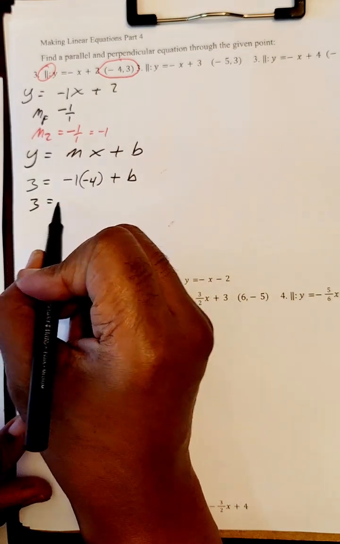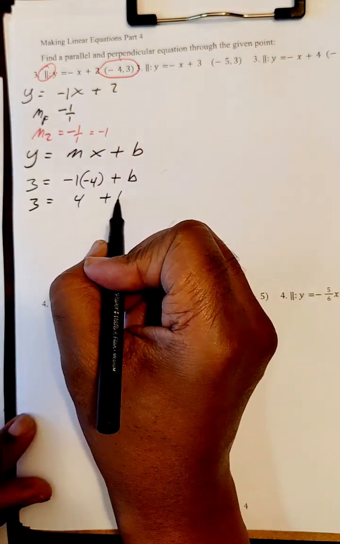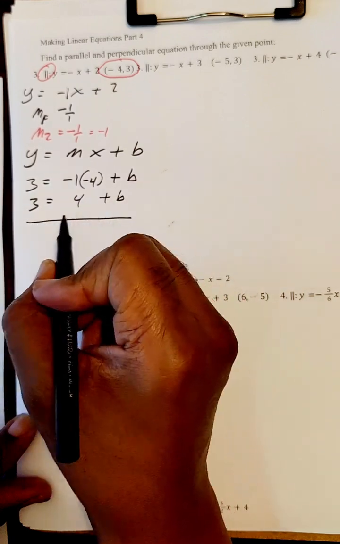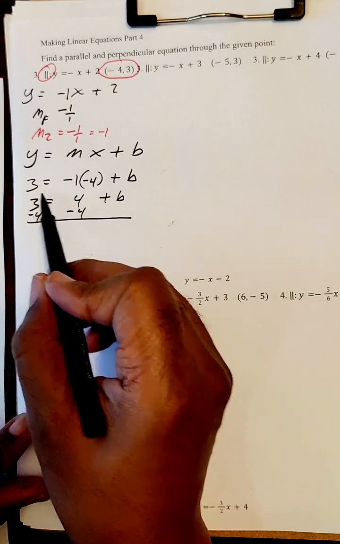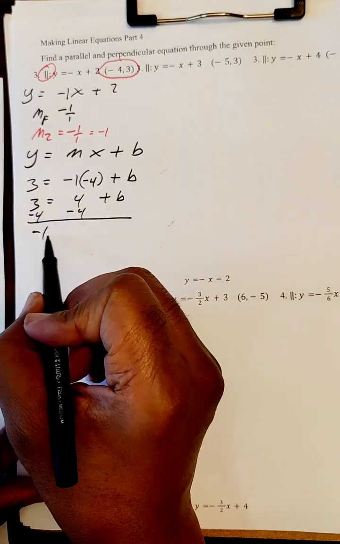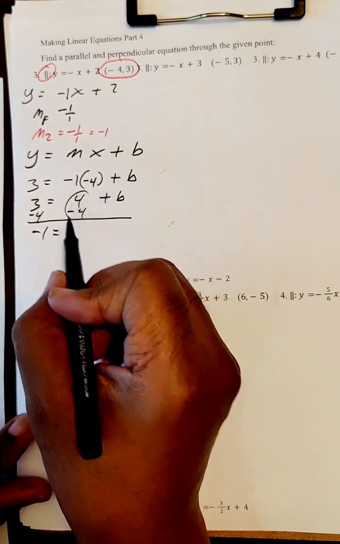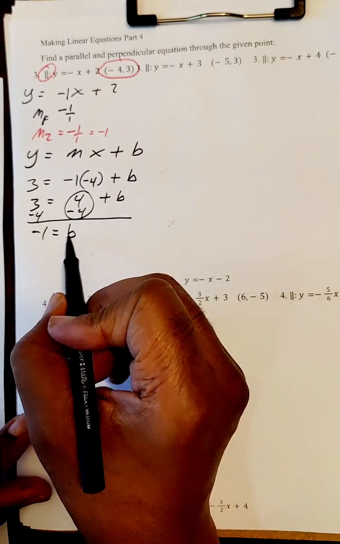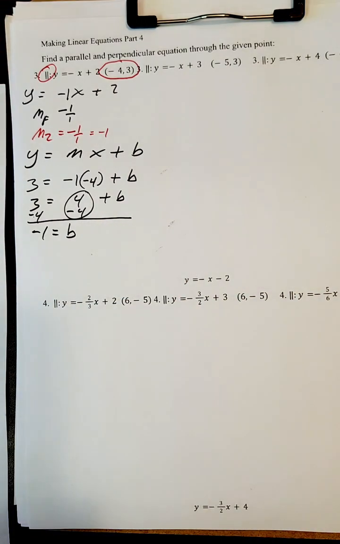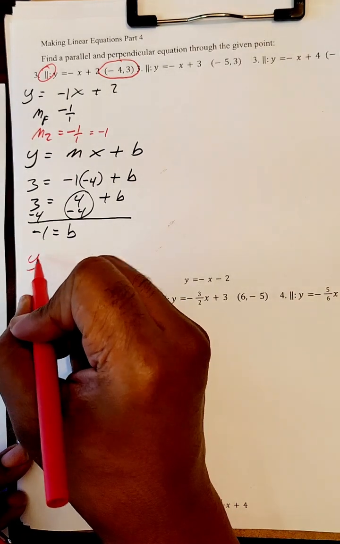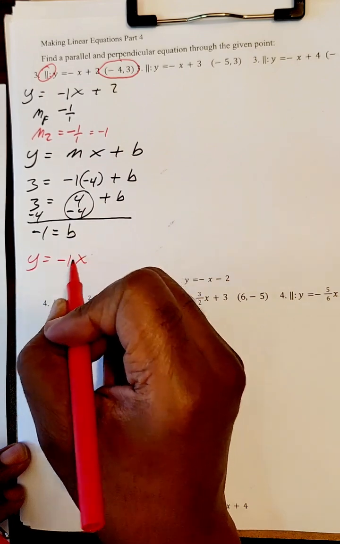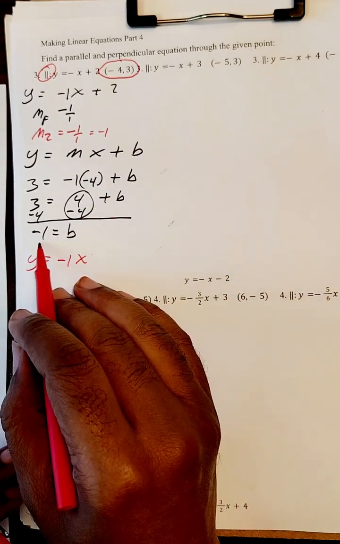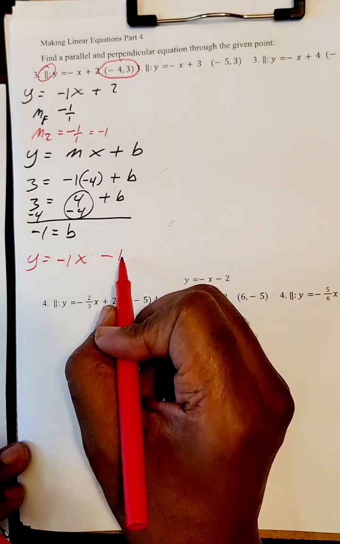We'll end up getting 3 equals positive 4 plus b. Then I'm going to subtract 4 from both sides to isolate the b. This will simplify to a negative 1 and the equals. This goes away and we'll have b. So b will equal negative 1. So our new equation will be y equals negative 1x, and for b, negative 1.